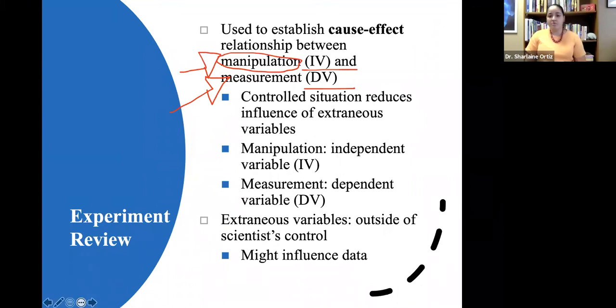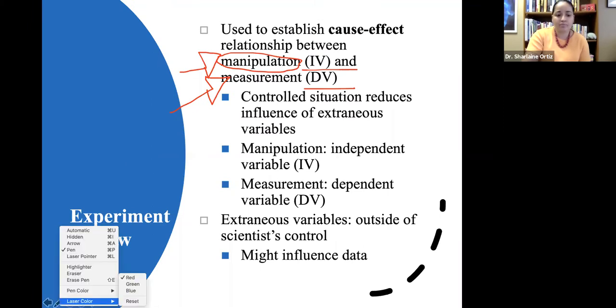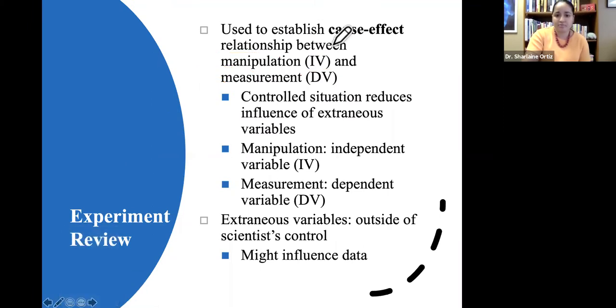Now, something to note is that in an experiment, we are also immensely focused on how we can control this situation. Why is that? We are trying to control the situation of this experiment because I am trying to reduce the influence of other variables that are outside of my experiment.